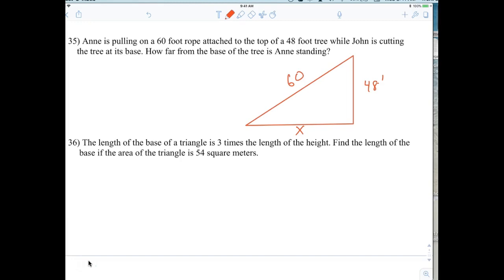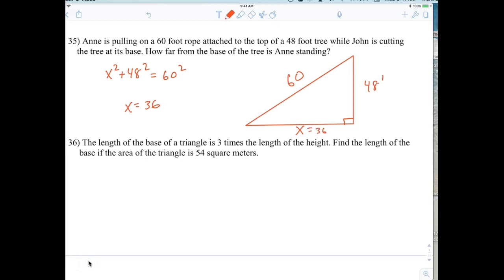Right angles. That's why we can use that. So we're missing the leg. In this case, we would say x squared plus 48 squared is equal to 60 squared. And if you solve that out, I believe x comes out to be 36. Do they agree? All right. So x is 36.